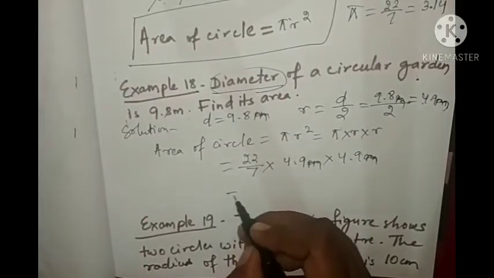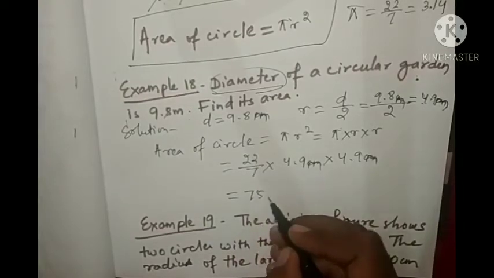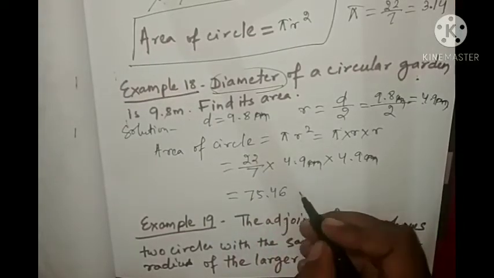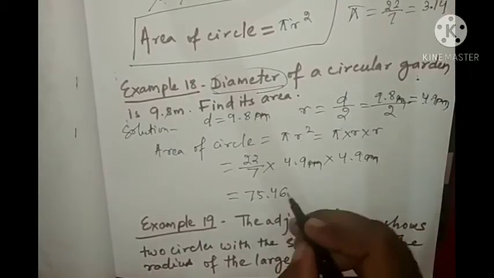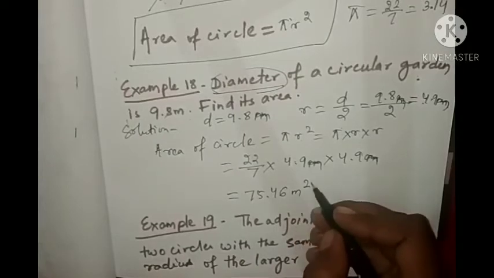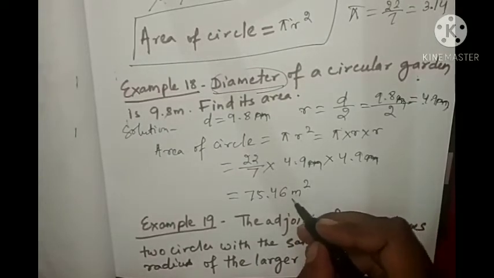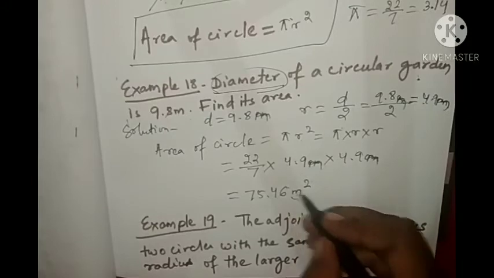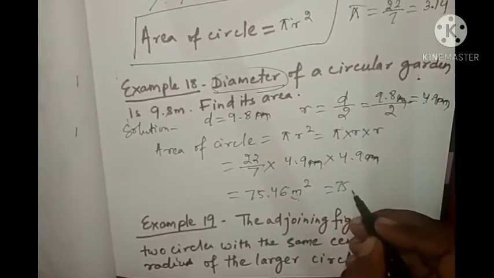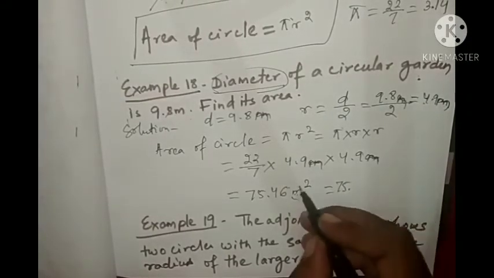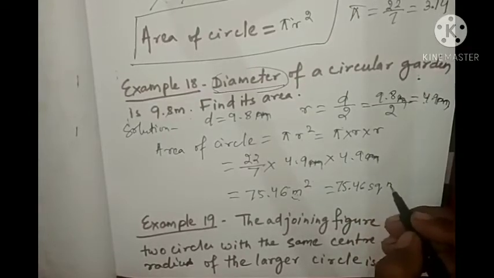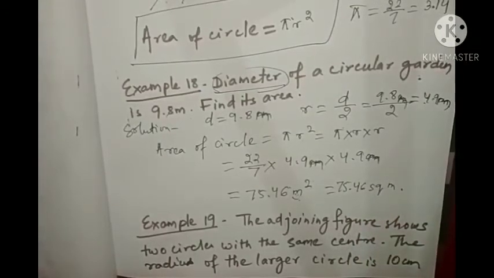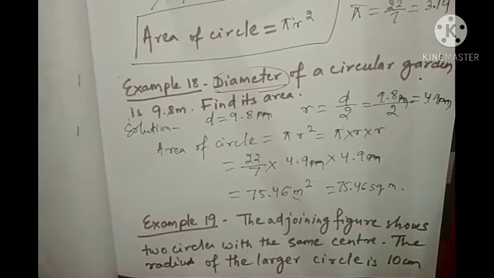So what are we getting? The answer is 75.46. Here you will write meter into meter, which is square meter. You will read it as square meter, you don't read it as meter square. You write it as meter to the power 2, but you read it as 75.46 square meter. So this is about that one example.